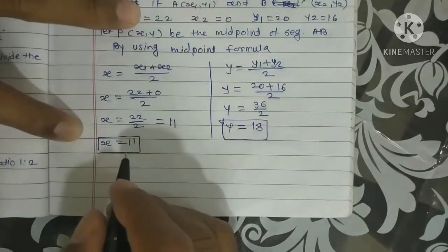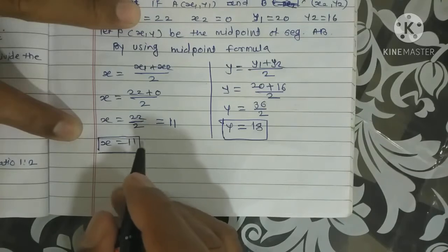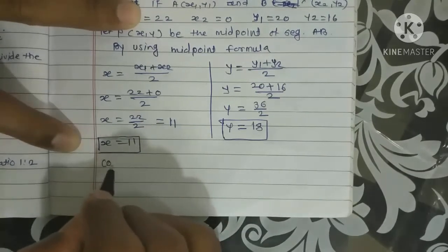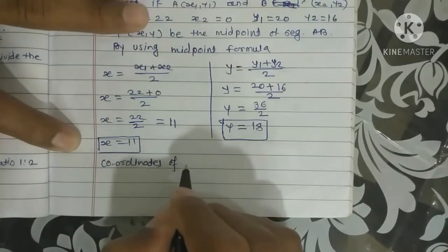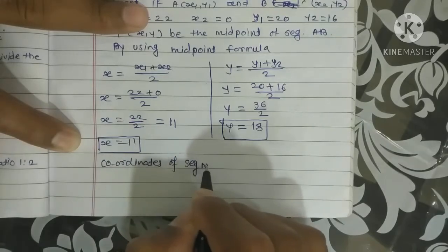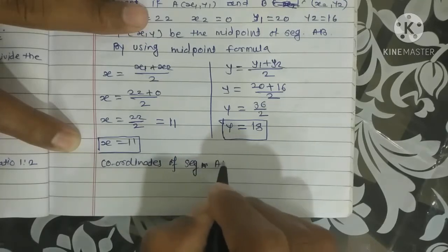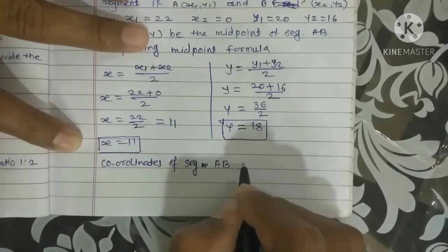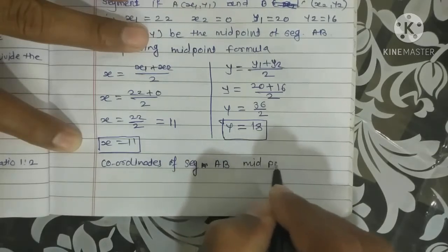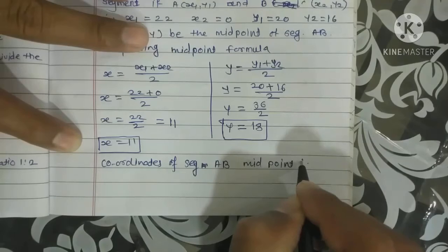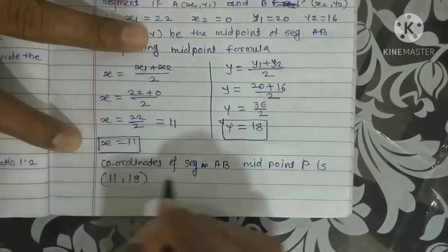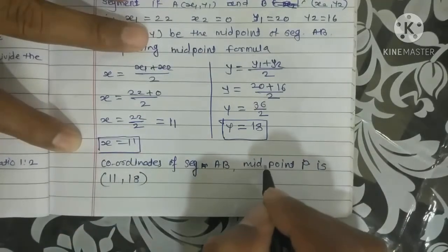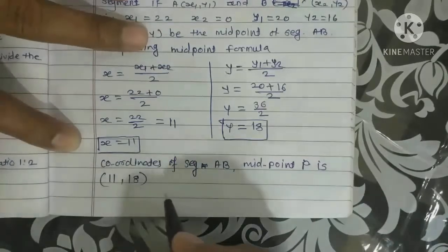Now the coordinates of the midpoint P of segment AB are (11, 18).